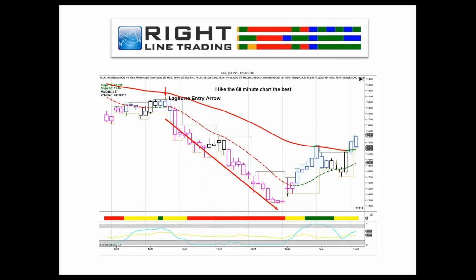And here's a better example of the Qs on a 60-minute. And I wrote, I like the 60-minute chart the best. It really is the best. There's the Laguerre cross of the 80 line to the downside. Momentum, and forget this yellow line. We eliminated it. It's supposed to be an assessment of volatility and to help you determine how far price may go.